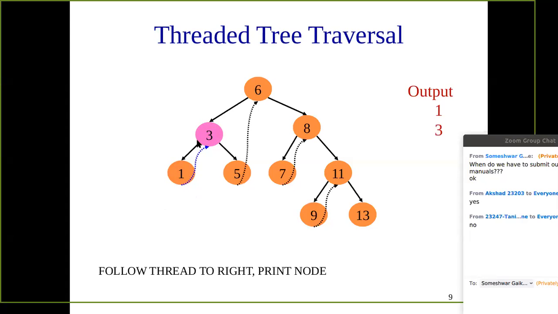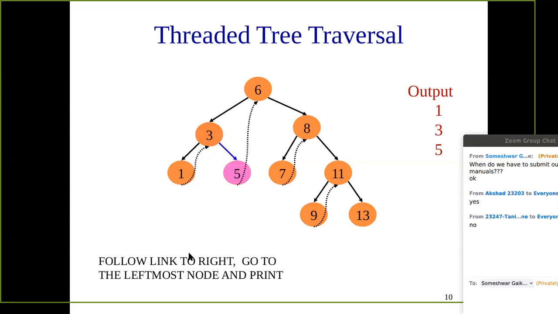So here there is no need to use a stack. We can simply come back to the parent by using the right link, because the right link is assigned to the in order successor. So this is the in order successor in in order traversal. Simply you are coming to the root node, just follow the link. We are coming to the root node, and then we are going to the right side and then the leftmost node. So follow the link to the right.